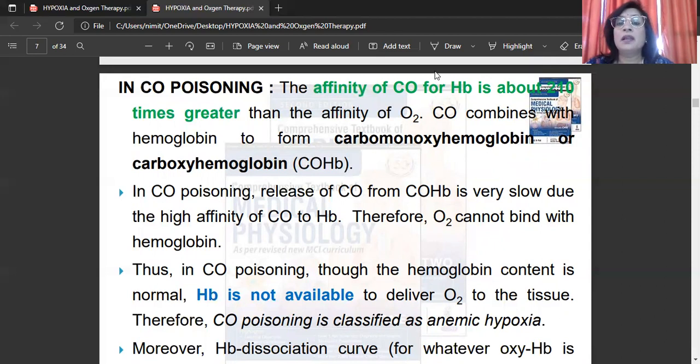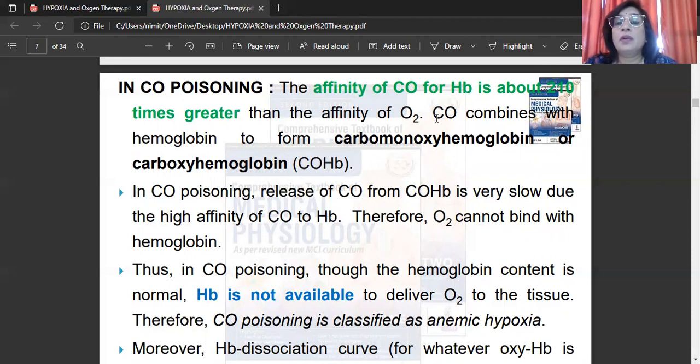The affinity of carbon monoxide for hemoglobin is about 210 times greater than the affinity of oxygen. So the affinity of carbon monoxide for hemoglobin is 210 times more. Mark this also, make a star.